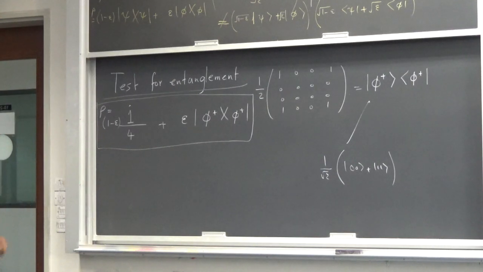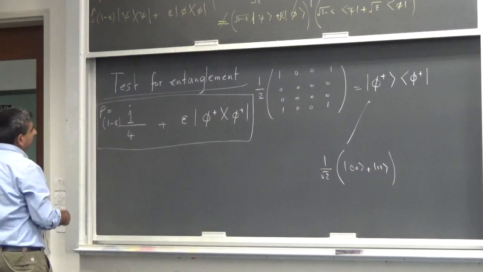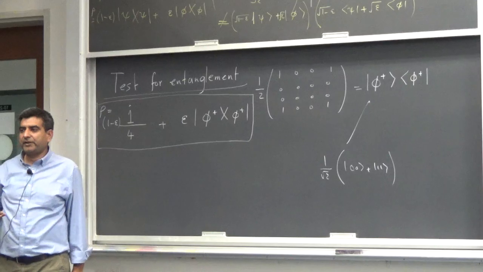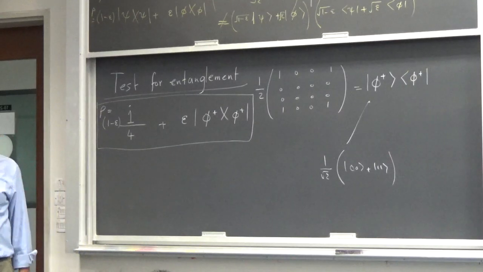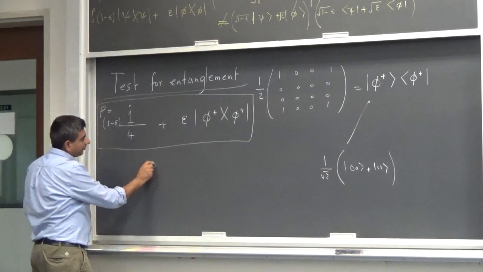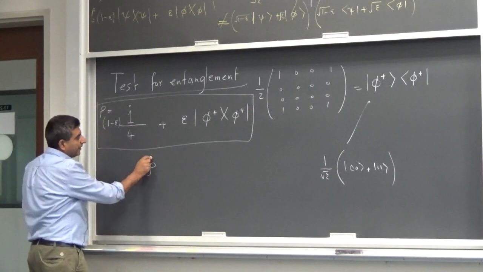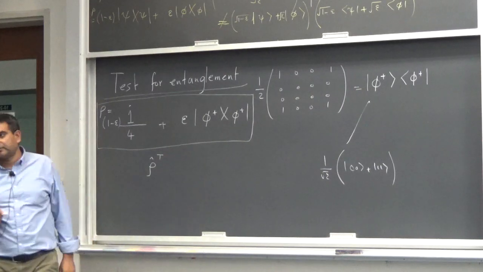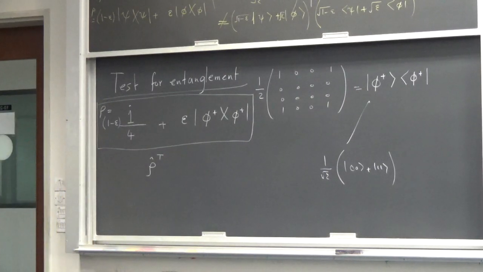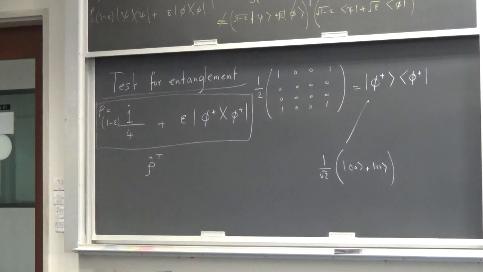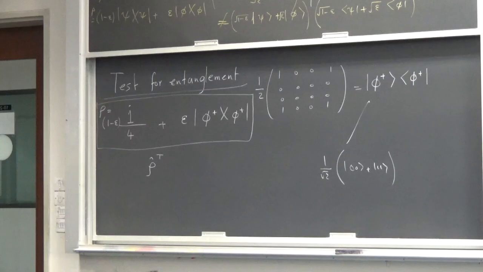So in order to verify entanglement, we need to come up with some test for entanglement, some kind of witness for entanglement. One possibility is that suppose I have a density operator rho. If I form the transpose of this density operator, will the new operator also be another density operator? Yes.